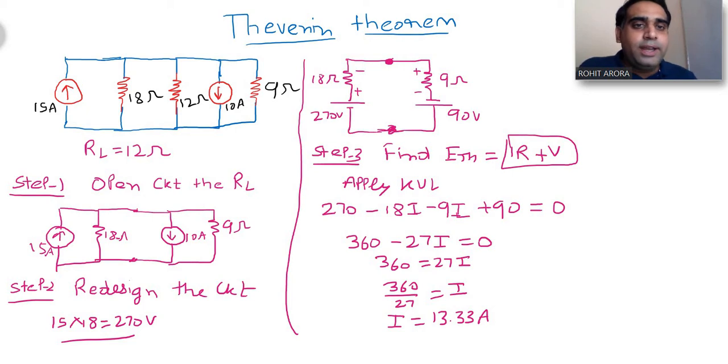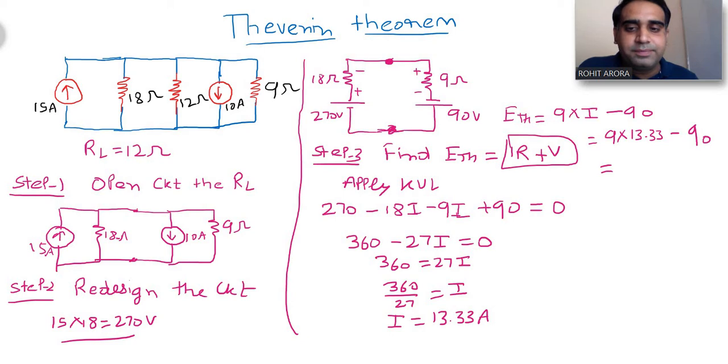Now, this current I passes through this 9 ohm resistance. Now, ETH means 9 into I minus, plus 90 volt, it means minus 90. So 9 into I, that is 13.33, minus 90.